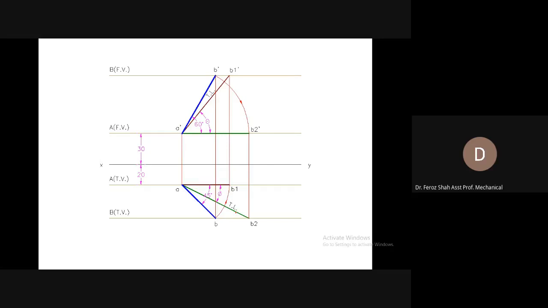Either you get it in the front view or in the top view, but this step was necessary for getting the angle phi. It must also appear with the true length of the line. So this true length in the top view was necessary in order to get the true angle phi. So that's the end for today's lecture.